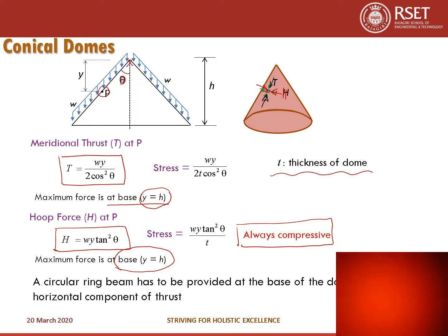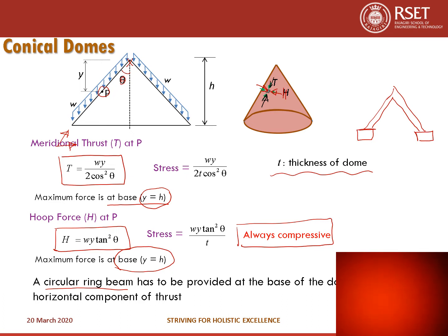Now here also you have to provide a circular ring beam, because our thrust at the base will be inclined. It will be like this, and this will have a horizontal component. This will try to push out the wall. The wall will burst outwards. So to take care of this horizontal component, a ring beam has to be provided at the base of the cone.